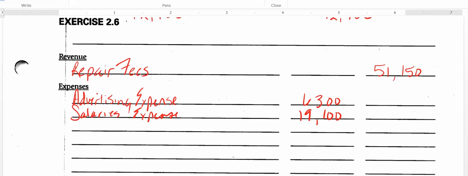Next is telephone expense, and that is 1,150. And last is utilities expense. And that is 1,600.